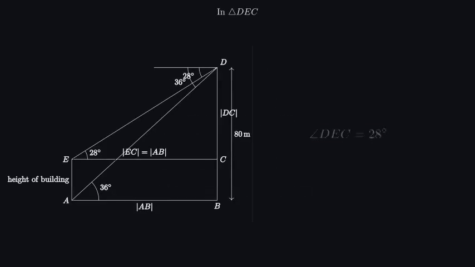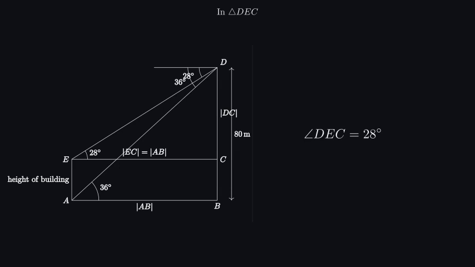Next, we use triangle DEC to find length of DC. Length of DC is the vertical difference between the top of the tower and the top of the building. The horizontal distance, length of EC, is equal to length of AB. So, length of EC equals 110.1117 m. With respect to the 28 degrees angle at E, length of DC is opposite and length of EC is adjacent.